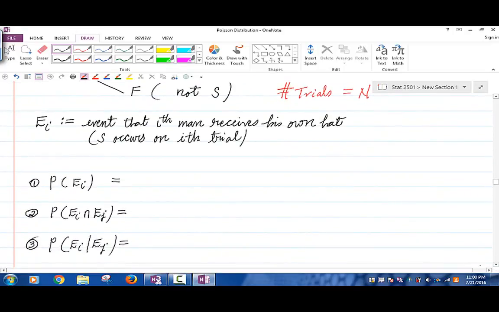What is the probability of E_i? Notice that the probability of E_i is the same as the probability of a success on the ith trial.